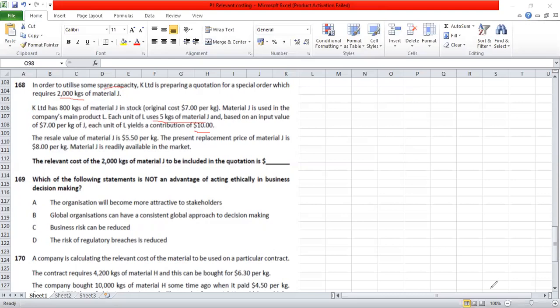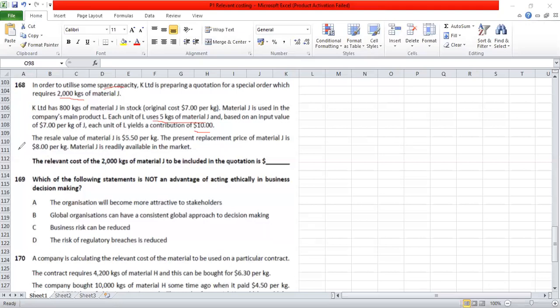So important point here, what is it? If they already have 800 kgs of material J in stock, original cost is 7. Material J is used in the main product L. L uses 5 kgs of material J based on an input value of $7 per kg of J. Then L is yielding a contribution of 10.